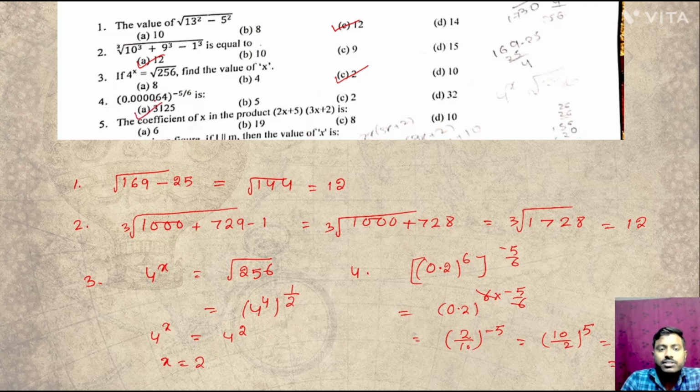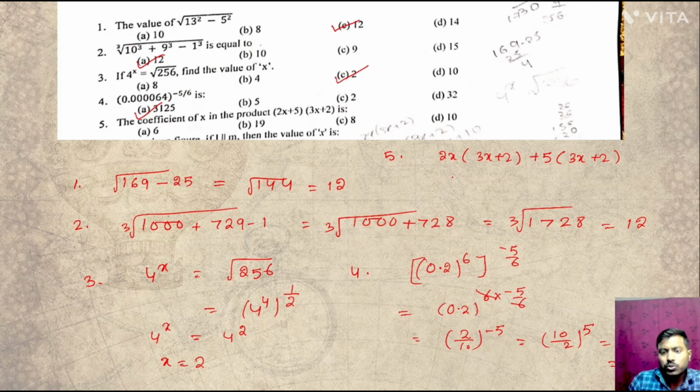Okay. Next question, question number 5. The coefficient of x in the product of, first you multiply. Question number 5 means 2x plus 5 whole into 3x plus 2.